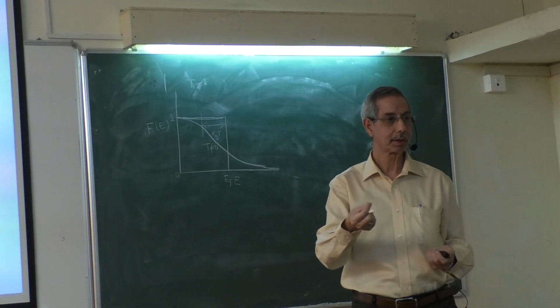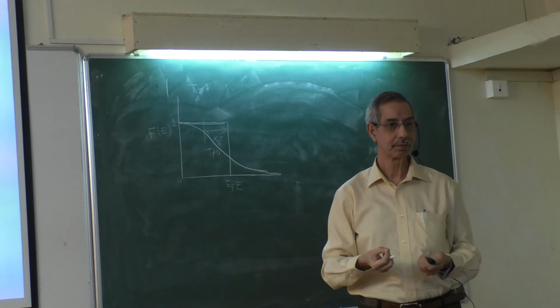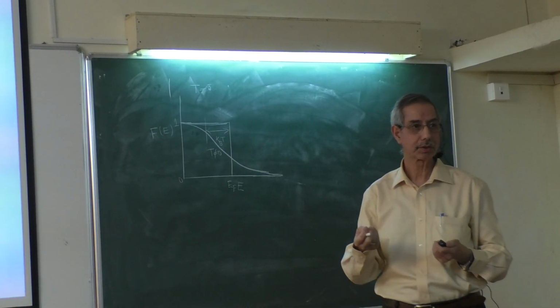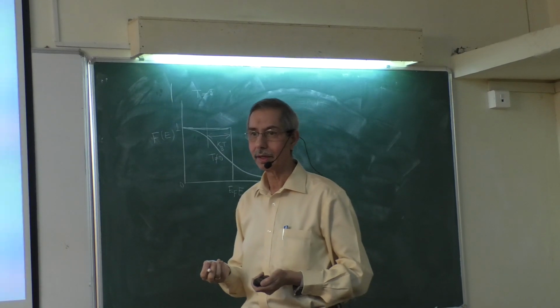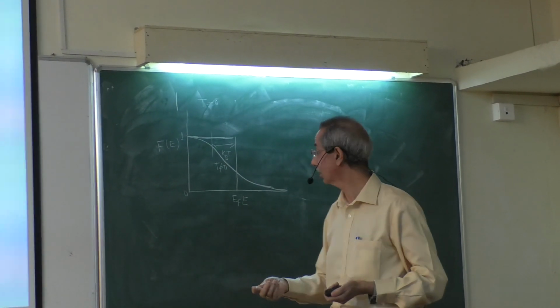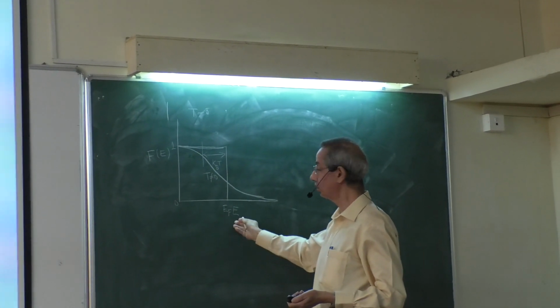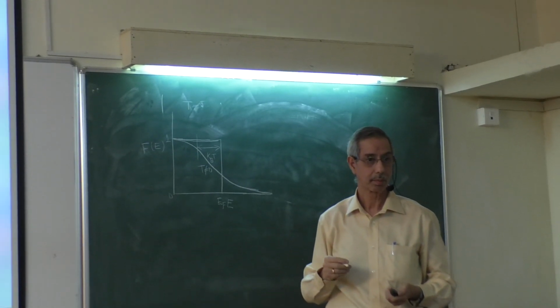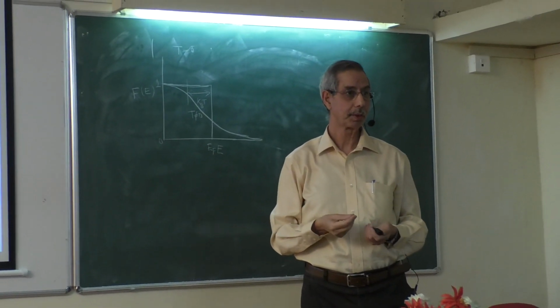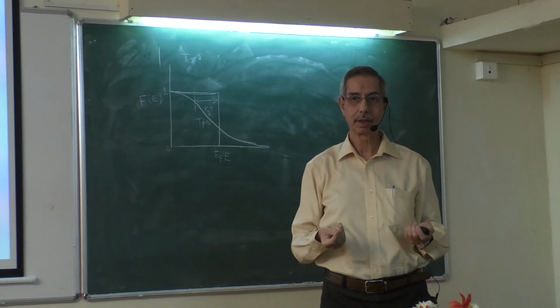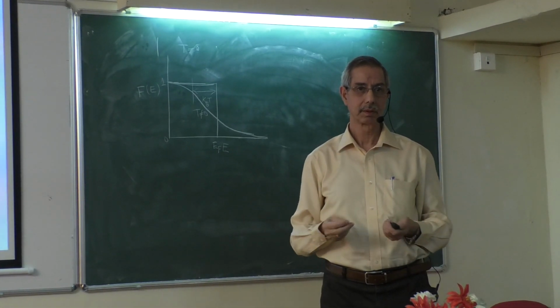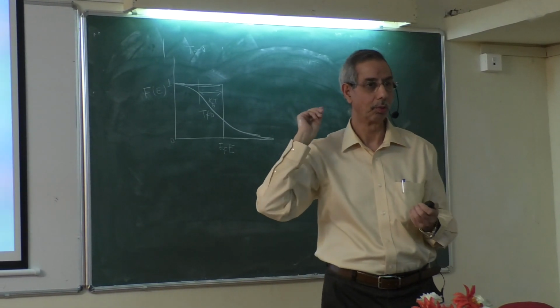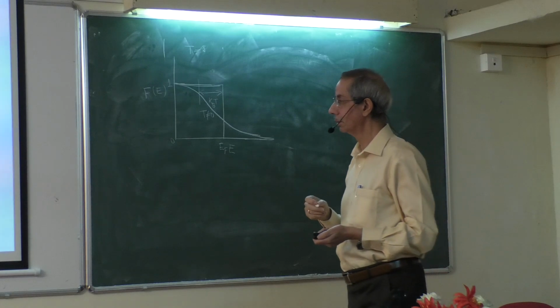You remember what is k_B T at room temperature? 25.6 millivolts. And what is the order of E_F? E_F would be of the order of 10 electron volts, roughly.